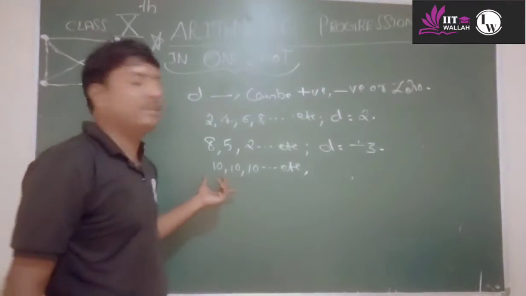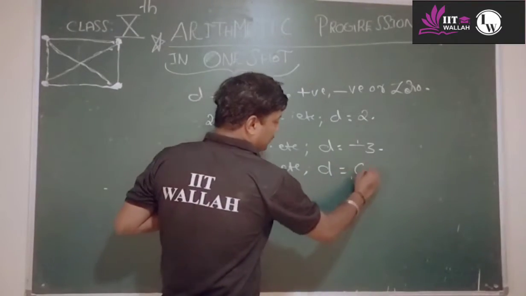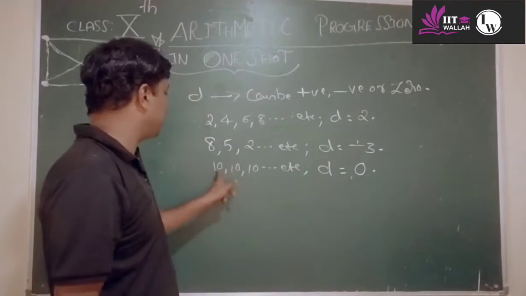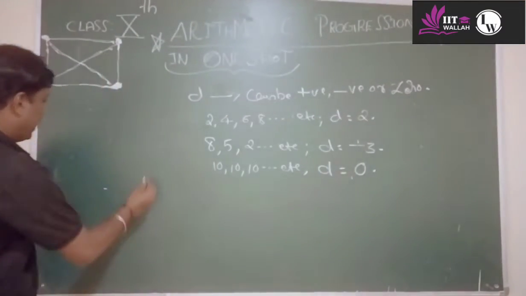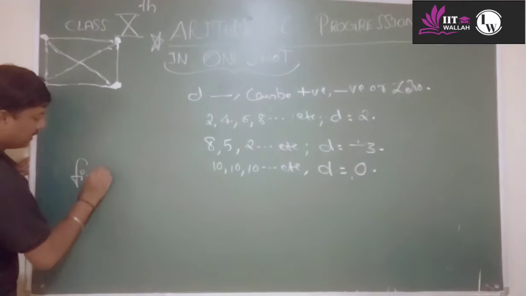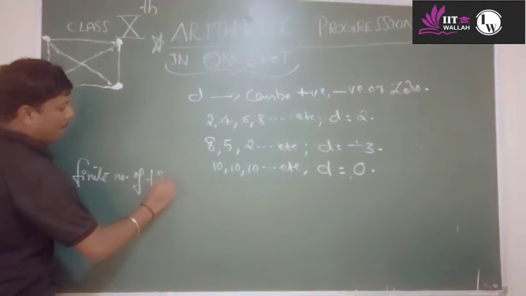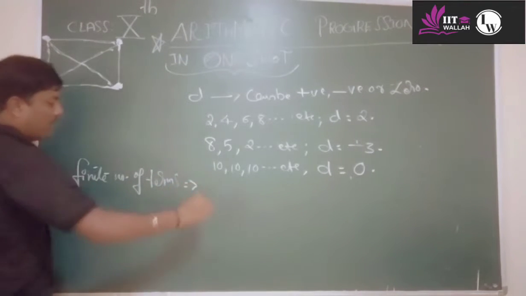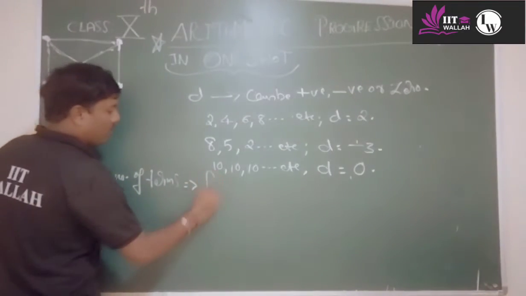This is also an arithmetic progression whose first term is 10 and common difference D is equal to 0. You add 0, 10 plus 0 is 10, 10 plus 0 is 10, like that. Okay? If there are finite number of terms, then we will call this finite AP.